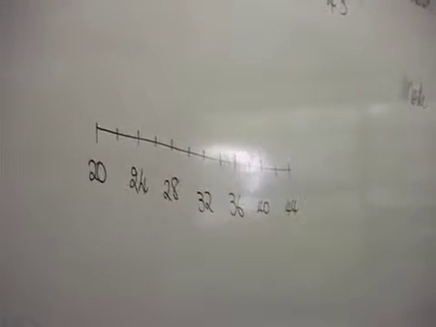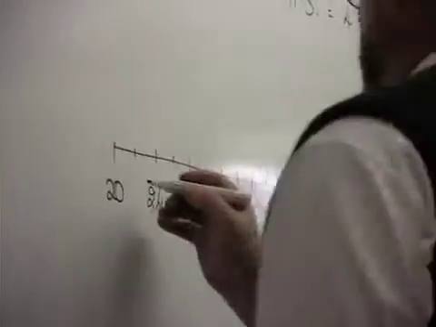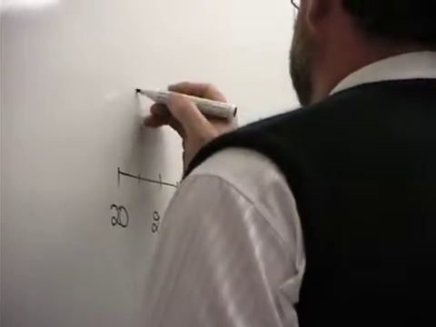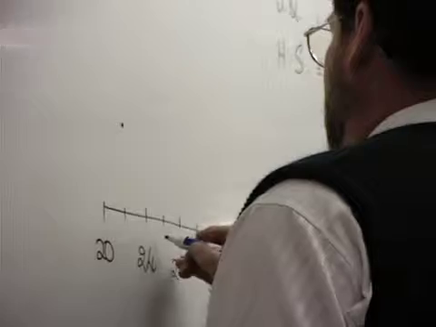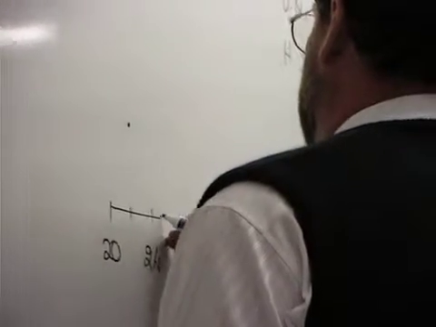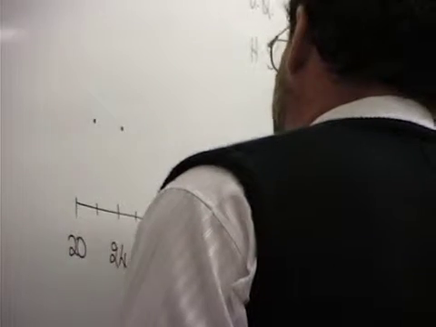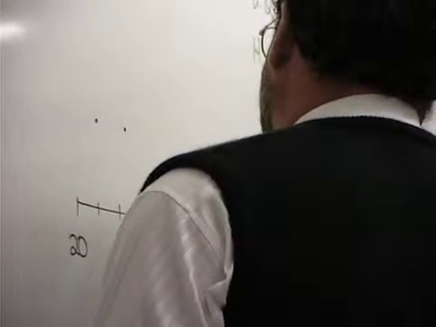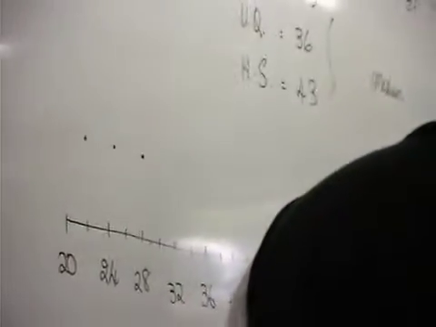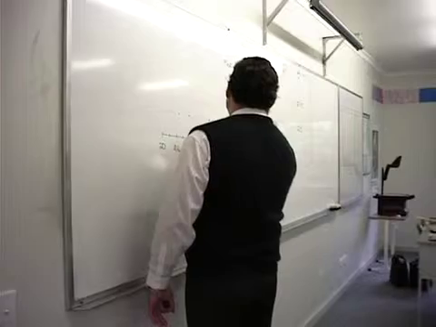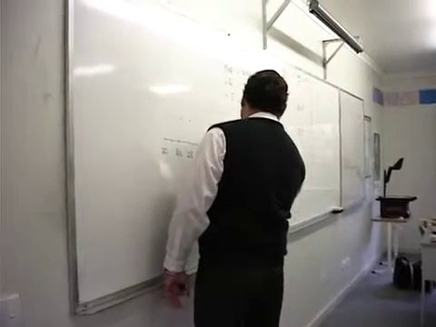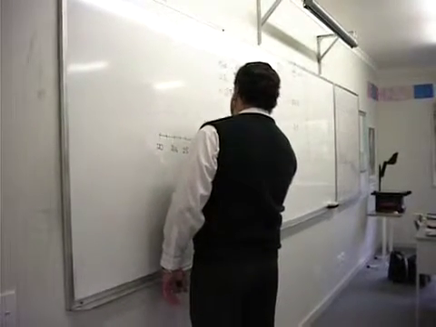We then mark on that our 5-number summary. 22, there it is. 25, well, if that's 24 and that's 26, 25 is going to be right in the middle. 28.5, if that's 29, 28.5 is going to be there. You understand what I'm doing? 36, an easy one to locate, and 43. 43 is going to be there.